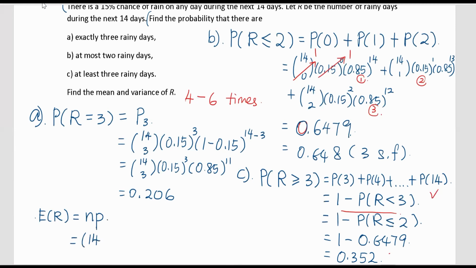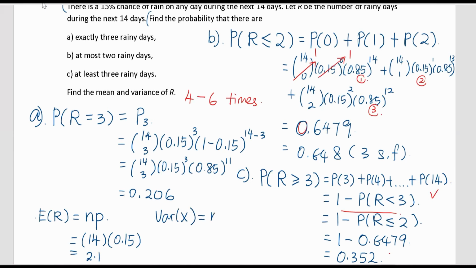So we have n as 14 and p as 0.15. So what do we get? 14 times 0.15 is 2.1. So based on the info here, we are expecting 2.1 rainy days out of 14 days.